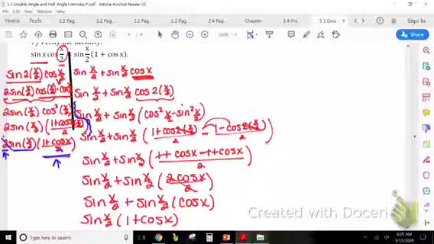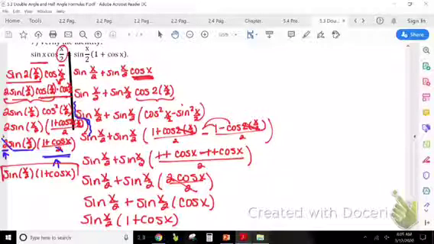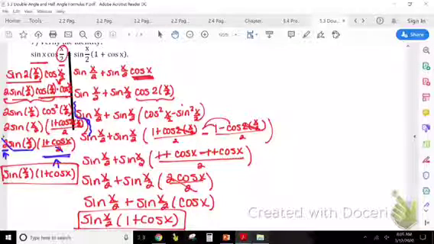So we're left with sine of x over 2 times 1 plus cosine of x. And oh, that's what we wanted, isn't it? And that's equal to what we started with. Well, that was fun.